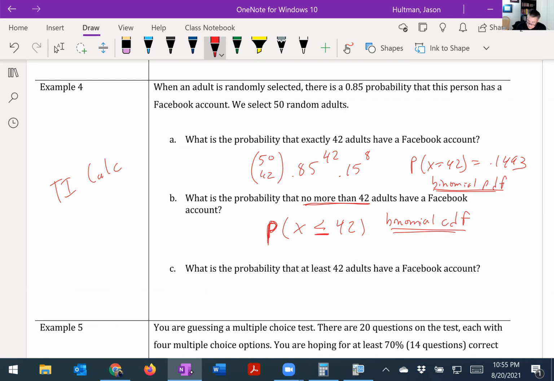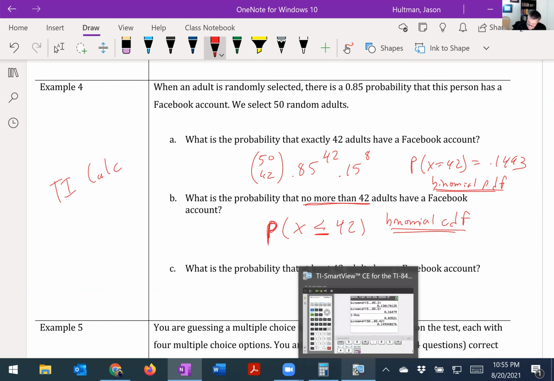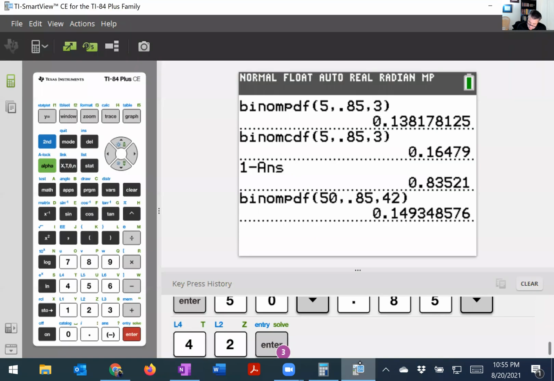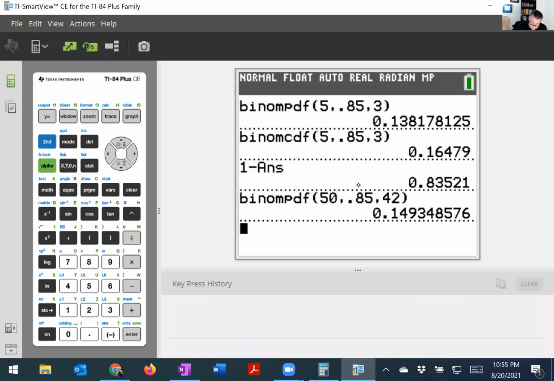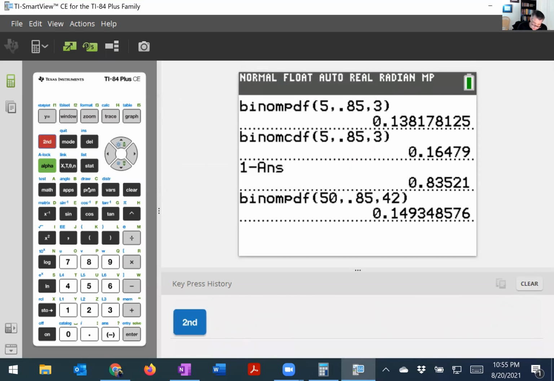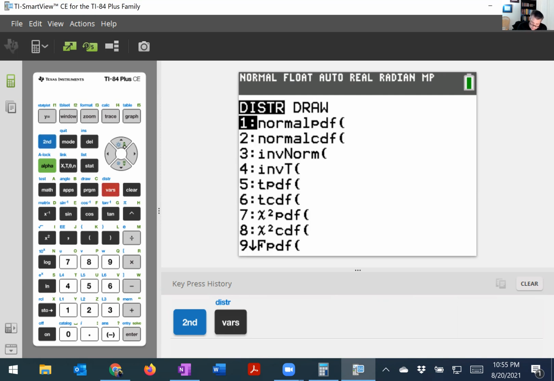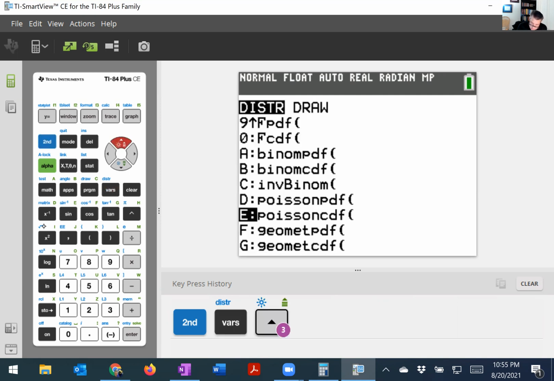Okay, so probability x is less than or equal to 42. Let's plug that in. It's basically the same thing we did before. It's just instead of the binomial PDF, it's the binomial CDF. Let me clear this. And we're going to go second vars, and we're going to go up to B this time, the binomial CDF.